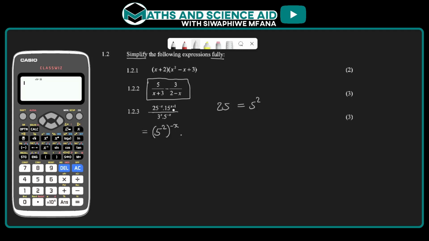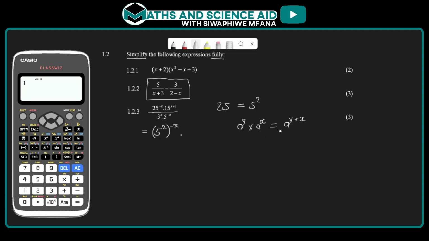And so what we can do for 15 to the power of x plus 1 is we can use the product law of exponents, which is that in multiplication, if the bases are the same, so let's say for an example, you have a to the power of y multiplied by a to the power of x. This is equal to a to the power of y plus x, okay?